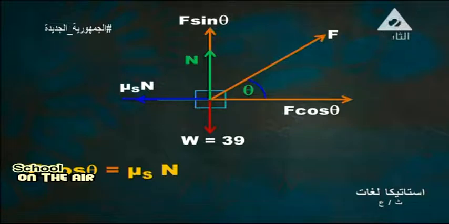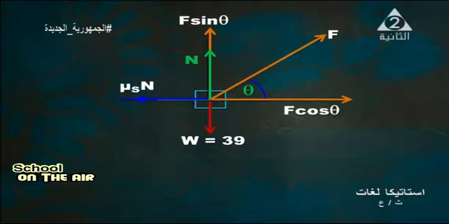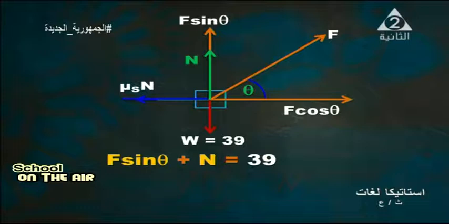The first: F cosine theta equals mu_s N. This is equation number 1. By substitution, cosine theta equals 3/5 and mu_s equals a third. Then this relation has F and N unknown: 3/5 F equals a third N. By the vertical equation, F sine theta plus N equals the weight, which equals 39.